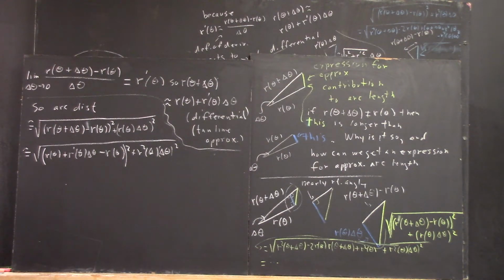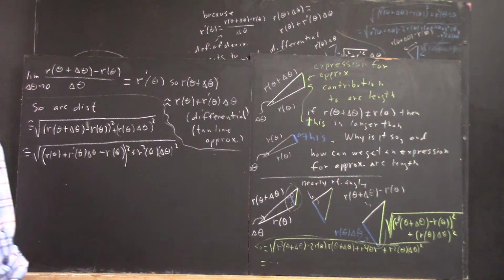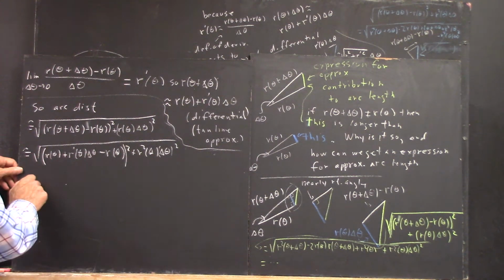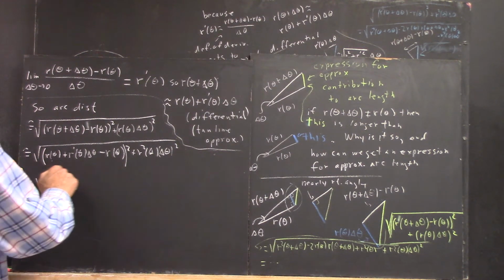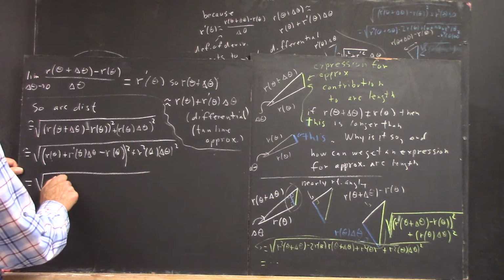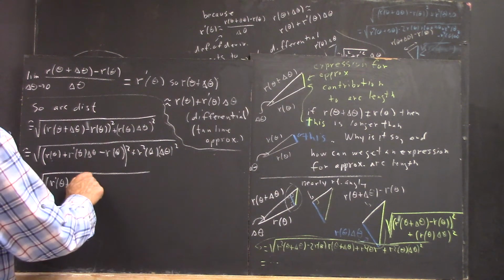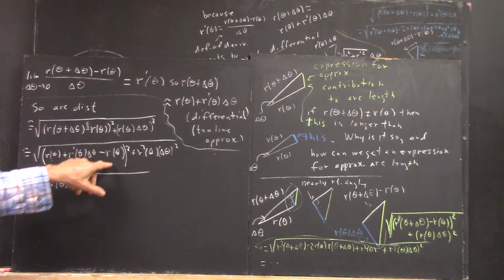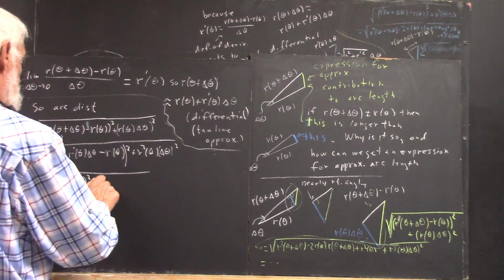And we have this. And of course, simplifying this, getting a little hard to read, better chalk. And yeah, maybe I need to write more carefully too. Well, this expression is exactly the same as this, because the r of theta is here, subtract off, you get r prime of theta delta theta, quantity being squared.